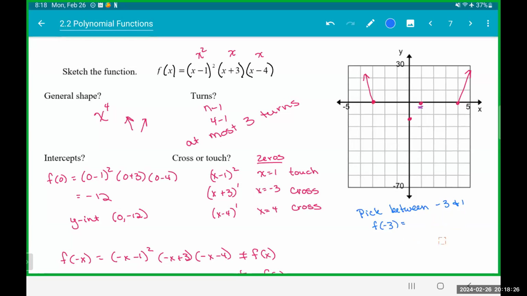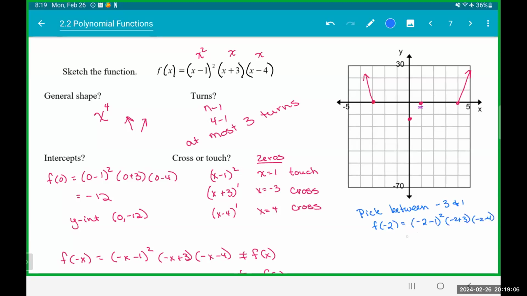Let me just write them out. If I choose x equal to negative 3, that's negative 3 minus 1 squared, negative 3 plus... we want to do it between, sorry. If we pick negative 3, then that becomes a 0 and the whole thing is 0. So we want it to be negative 2. So negative 2 minus 1 squared, negative 2 plus 3 to the 1, and negative 2 minus 4.